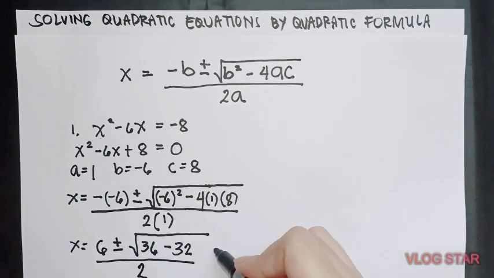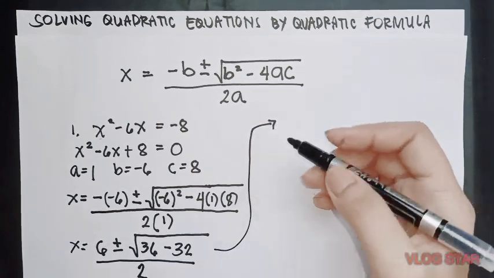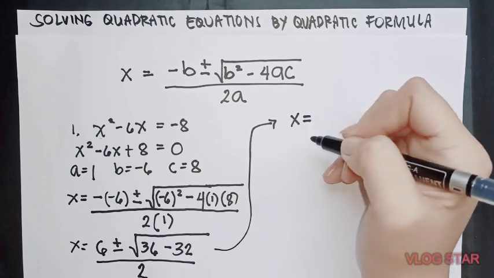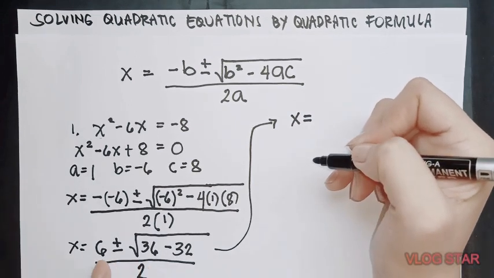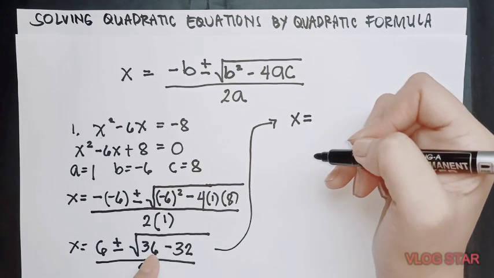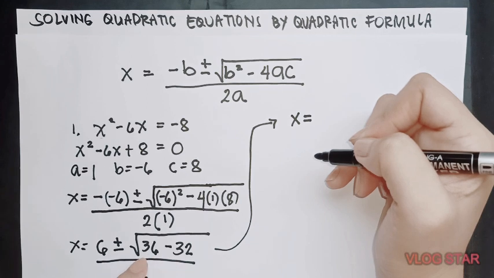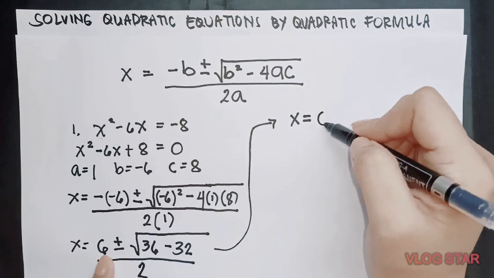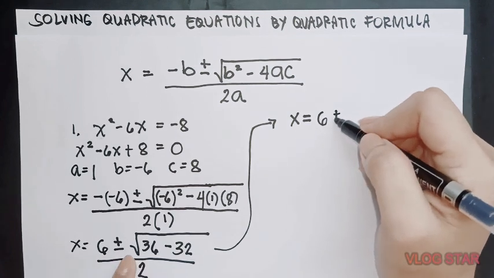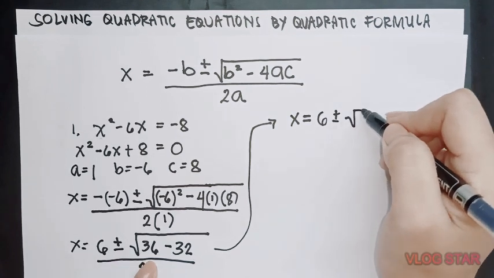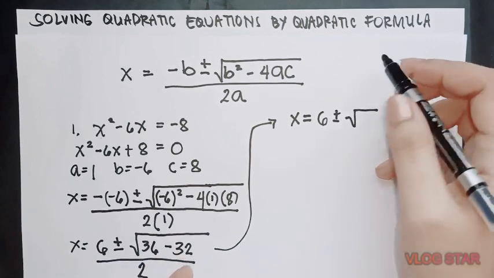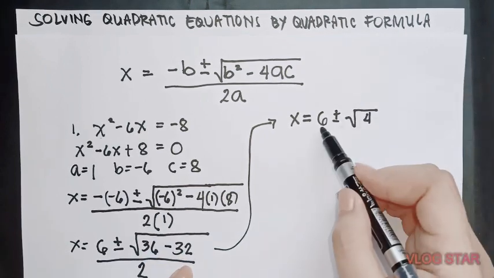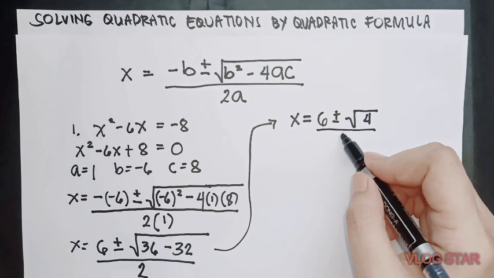Continue. So we have now x equals, we'll copy 6 first. We'll first evaluate the expression inside the radical sign. We're going to have 6 plus minus the square root of 36 minus 32, that is 4, all over 2.